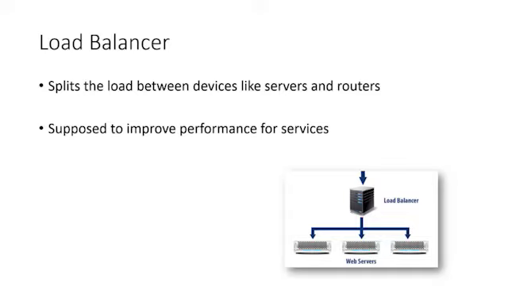So instead of all the traffic destined for just one web server, which has to handle all of those calls and then tie back into maybe an application server and then hit a database server and then come back out, now the traffic hits a load balancer.